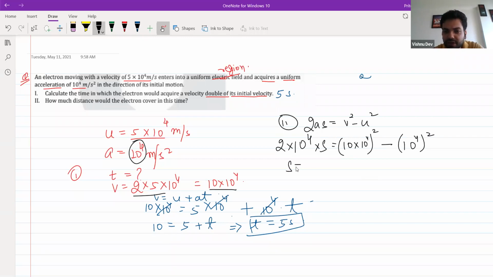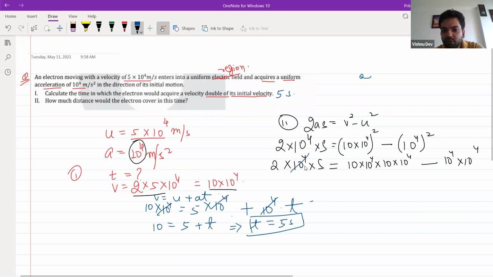Before going to the next step, you can see that 10 to power 4 is common in all the terms. So I'll just cancel one 10 to power 4. The square means I'll multiply that 2 times, here also 2 times. Now I am cancelling one 10 to power 4 from all the sides.